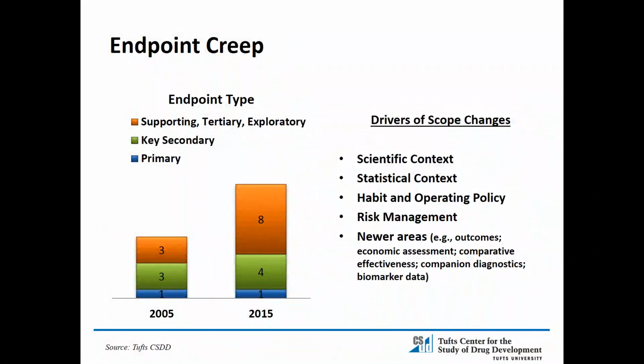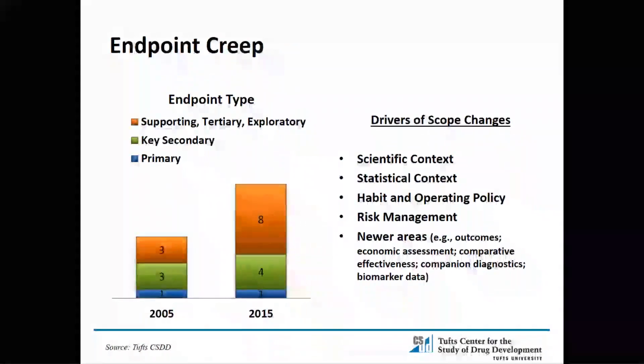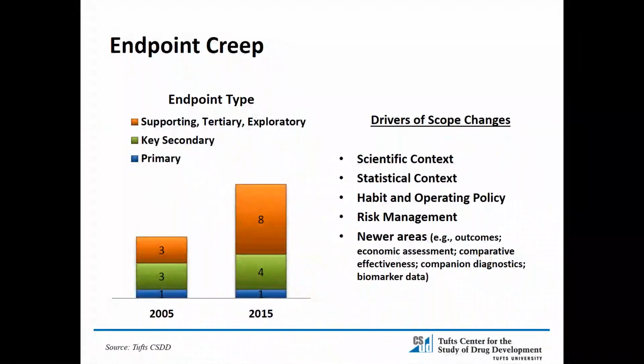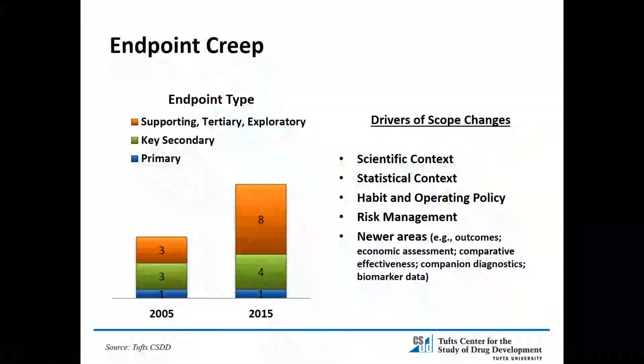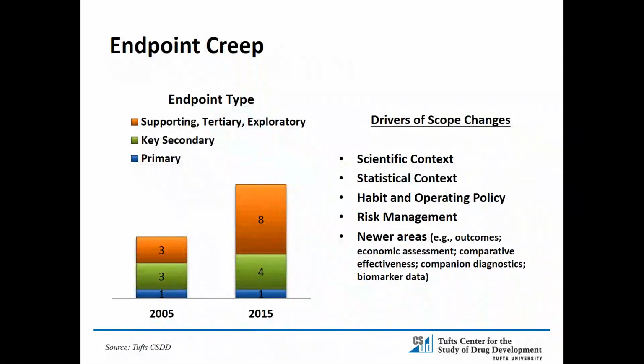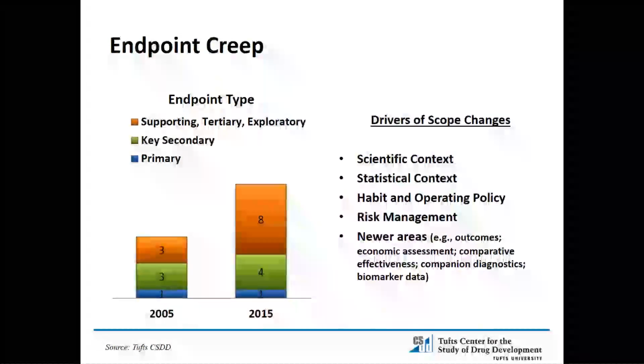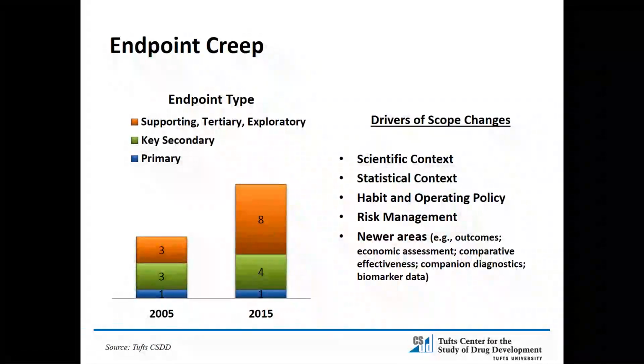And we see many new areas that are increasing scope as well, including the collection of more outcome measures, trying to gather more data that helps understand the economic benefit or the comparative effectiveness of a particular drug relative to a comparator like a standard of care. We see more studies that now have or include companion diagnostics, and we are collecting much more biomarker data in all of our studies. And all of this contributes to additional endpoints and the collection of more data.